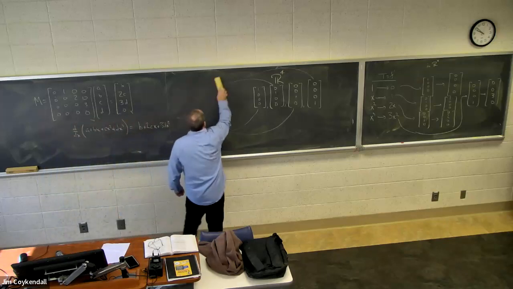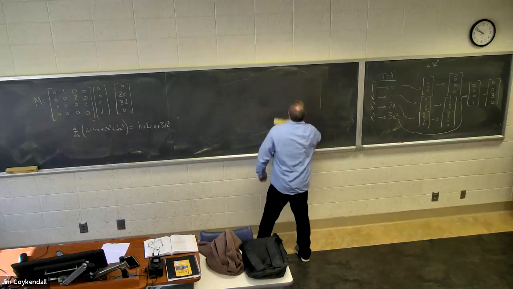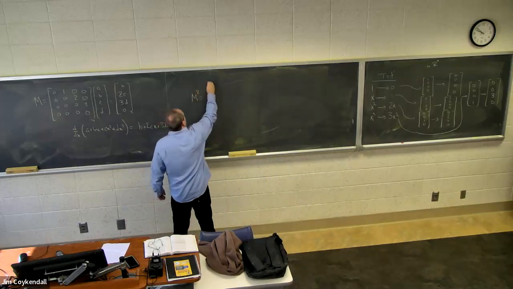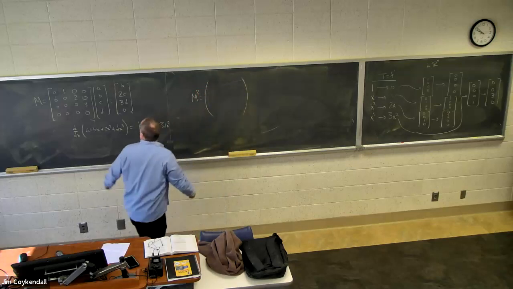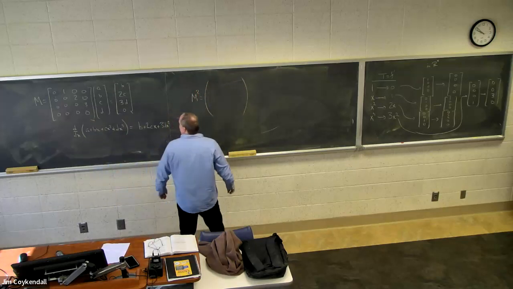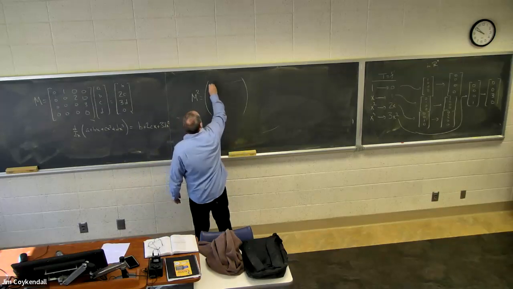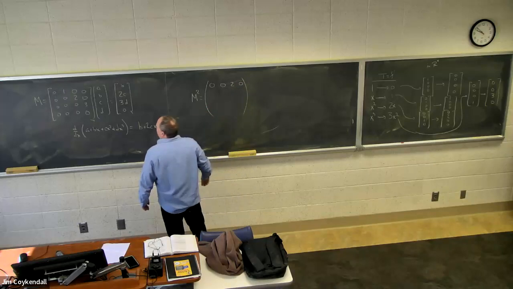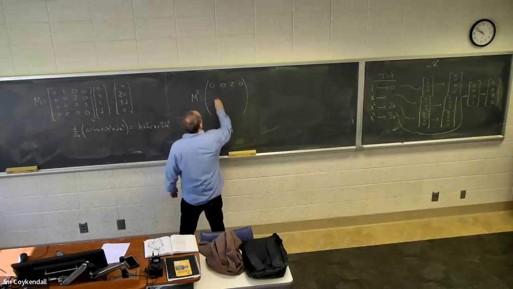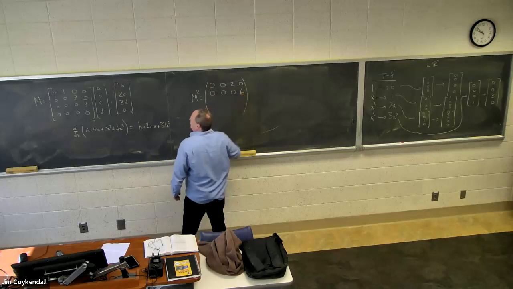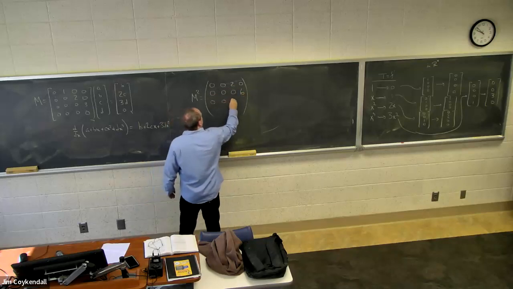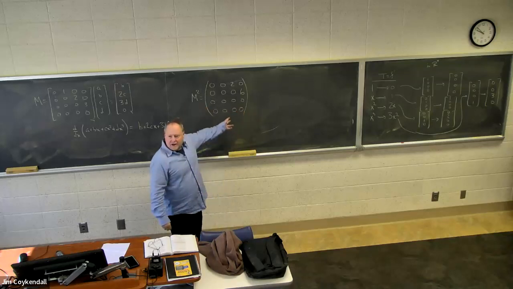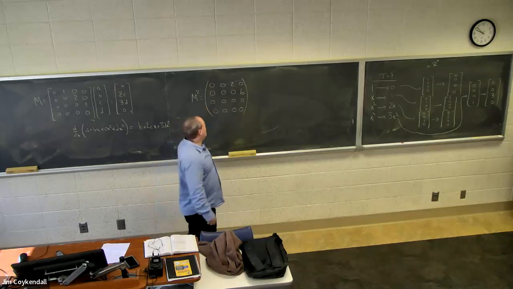What's the square? What happens when you multiply this by itself? I get 0, 0, 2, 0, then 0, 0, 0, 6, and the rest are zeros. You can check, but this is taking the derivative twice.